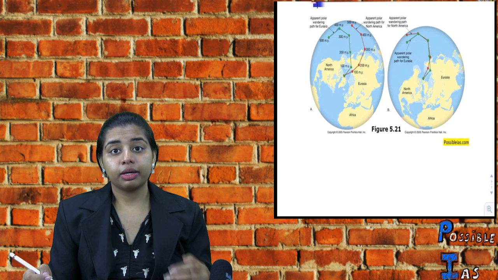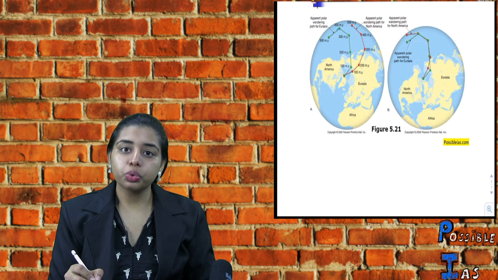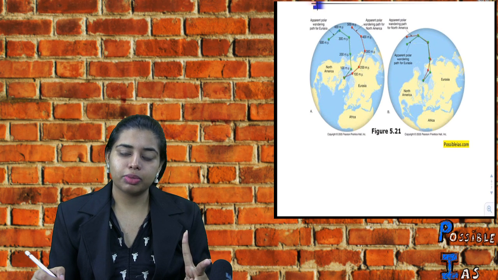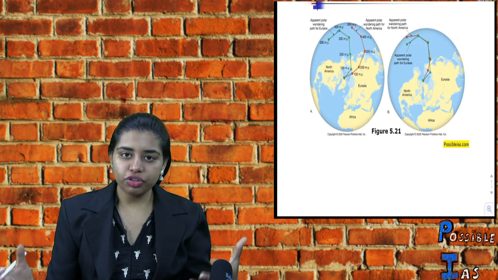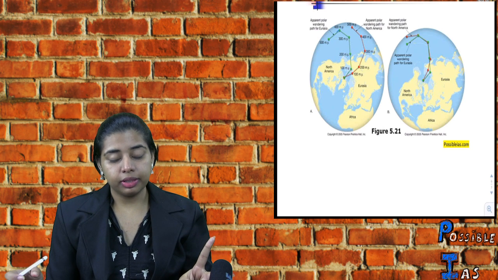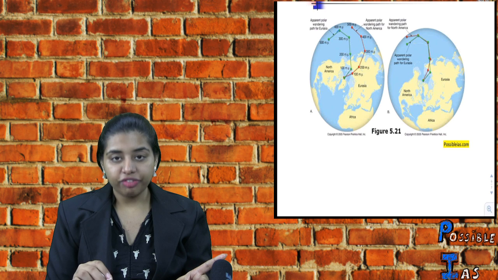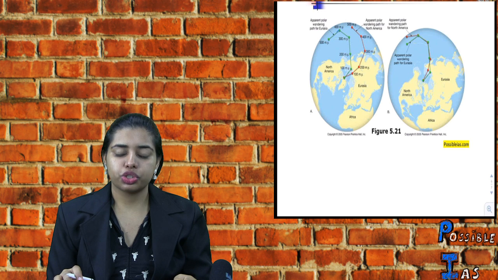Now the scientists saw that these old ferromagnetic minerals which have paleomagnetism have shifted their orientations through time. Since they have shifted their orientations through time, there can be only two possible explanations. Number one, either the plates which are carrying these ferromagnetic minerals have shifted from their position, or number two, the magnetic north and the magnetic south of the earth have shifted their position. The reason for this could be polar wandering.